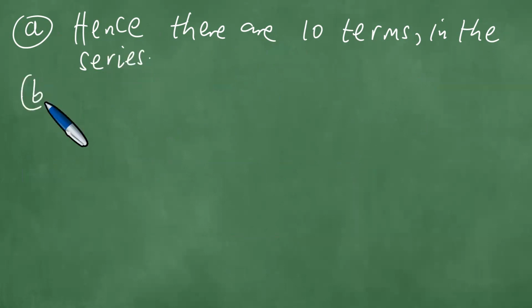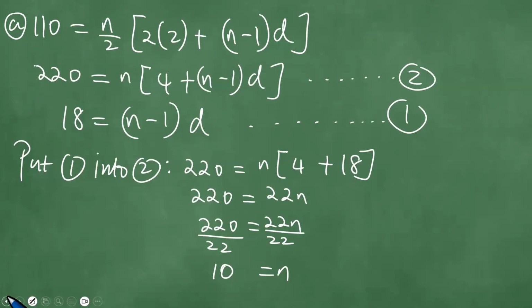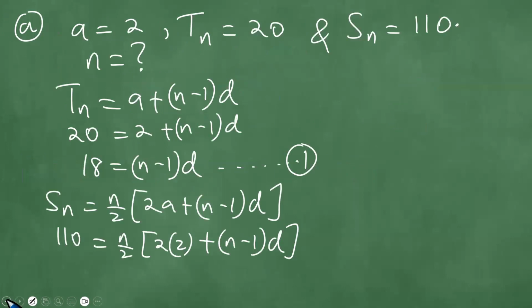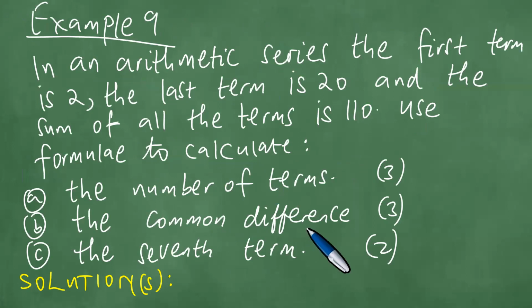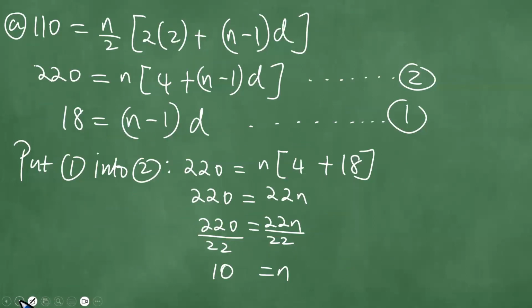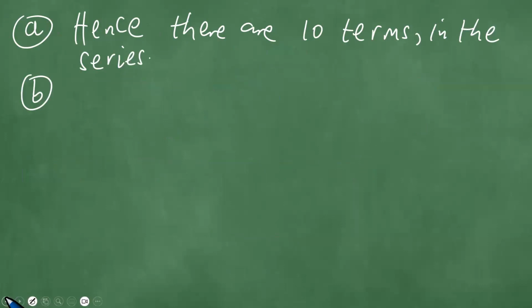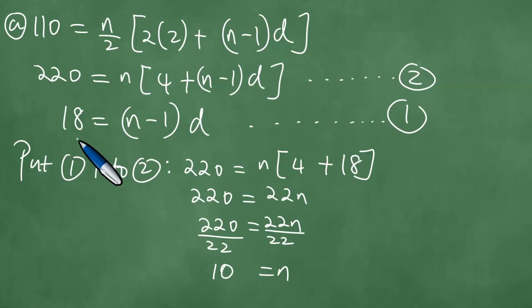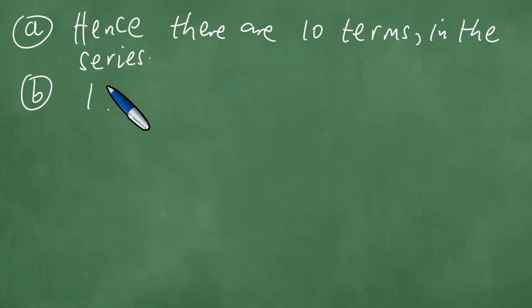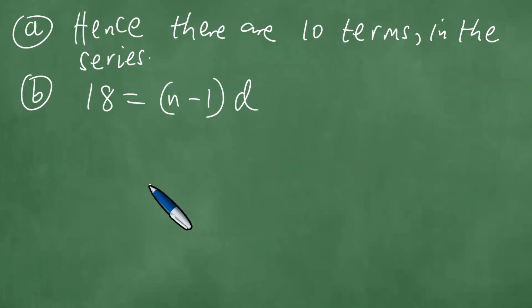Now in part B, we are looking at the common difference. So let's look at part B now. In part B, what we have is 18 equals n minus 1 times d. But we already know that n equals 10.